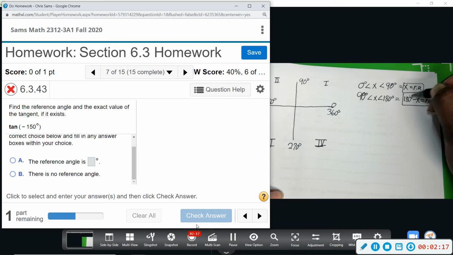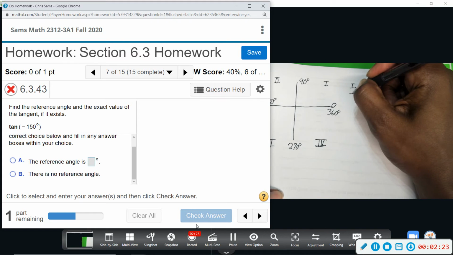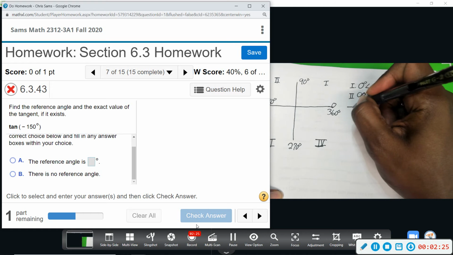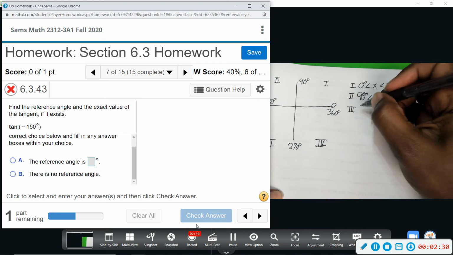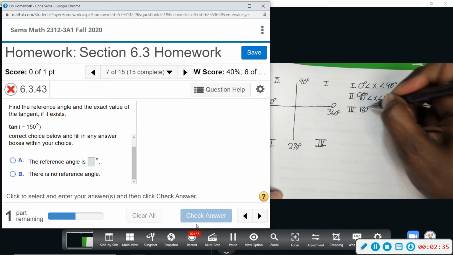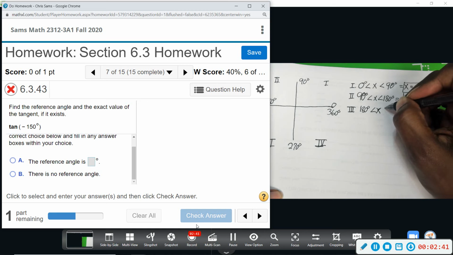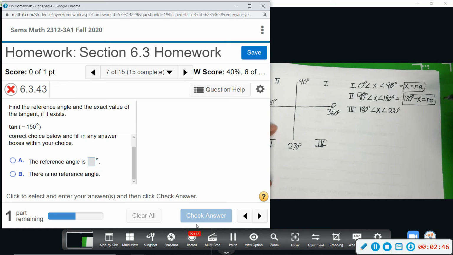So if you're in quadrant 2, if you're in this ballpark right here, so we'll just say quadrant 1. This is quadrant 2. Now quadrant 3. So quadrant 3 means you're between 180 and 270. All right, so if you're between 180 degrees and 270, then you're going to do your angle, this time goes first, and then minus 180.